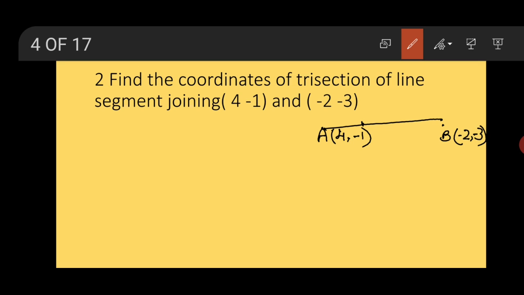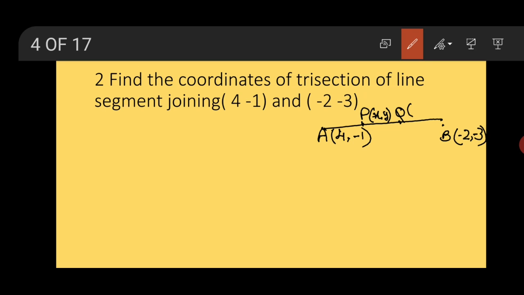Now these 2 points are given and we have to find the trisection of the line segment. Trisection means this AB line segment is equally divided into 3 parts.